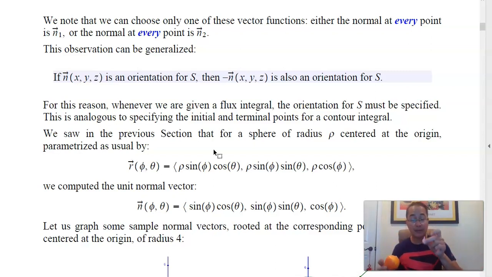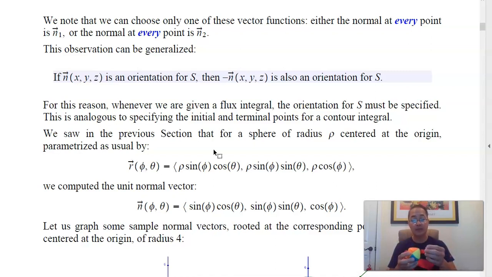And there you go, I lost the umbrella. If you are somewhere on the sphere, and since in this case this is a solid ball, I don't have a hollow ball on me, you can take as your normal vector the outward pointing normal vector. Sometimes it's pointing up, sometimes it's sideways, sometimes it's pointing down.